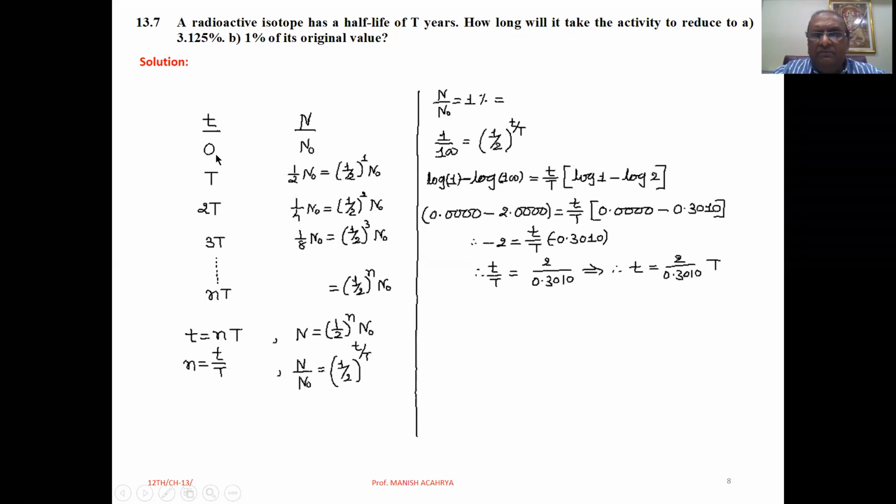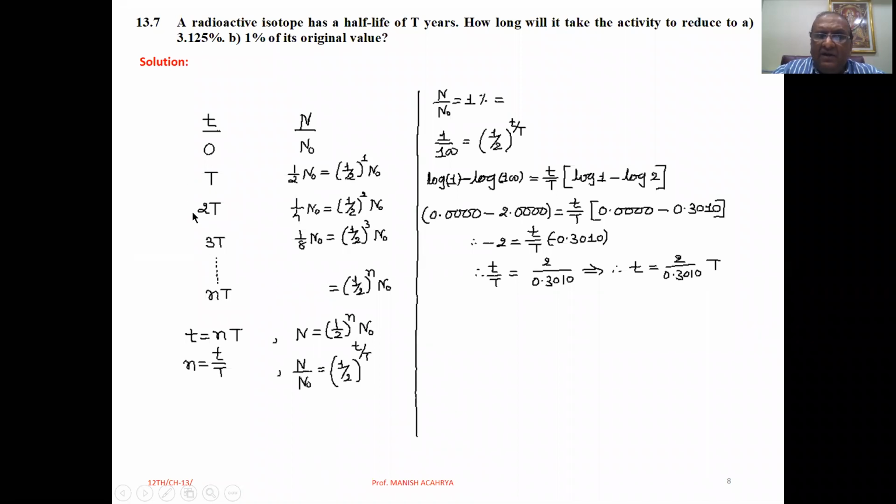At 0 time, number of undecayed nuclei is n0. Then after time capital T, that is the half time, undecayed nuclei is n0 by 2. So you can rewrite this as half raised to 1 into n0.